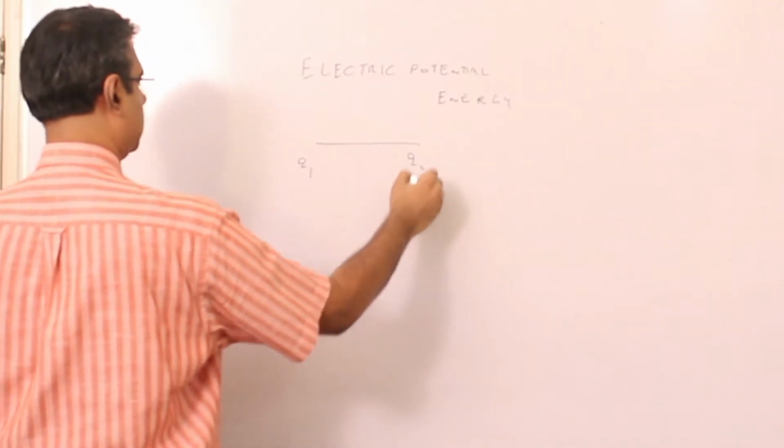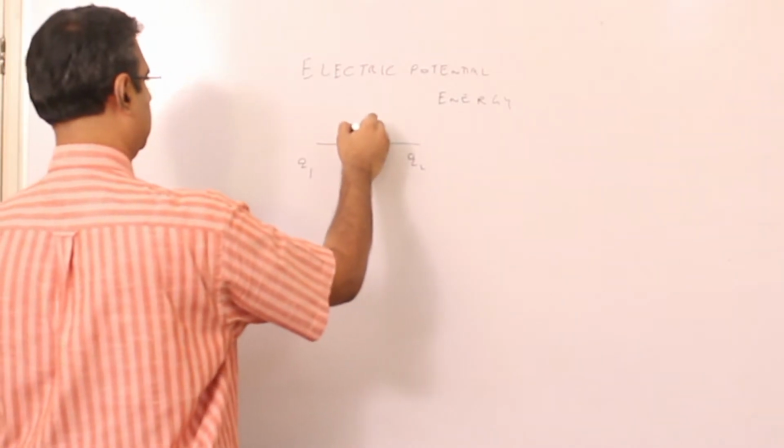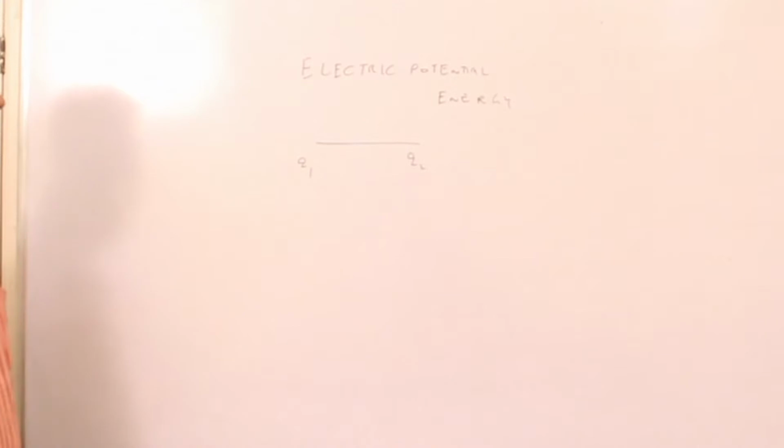Suppose there are two charges, Q1 and Q2, and these two charges are being separated from each other.